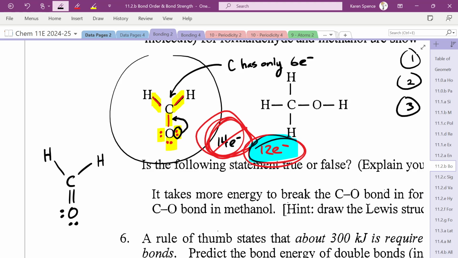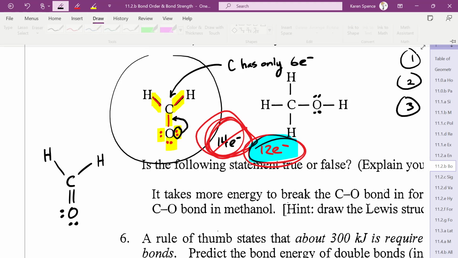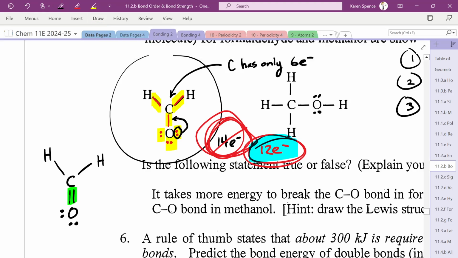This other one, we're not going to go through the whole Lewis dot structure process, but I'll just throw in my lone pairs there. That's the correct structure. There's no double bonding. So if we compare our CO bond in CH2O and our CO bond in methanol, if we compare those 2 green bonds, which will take more energy to break?